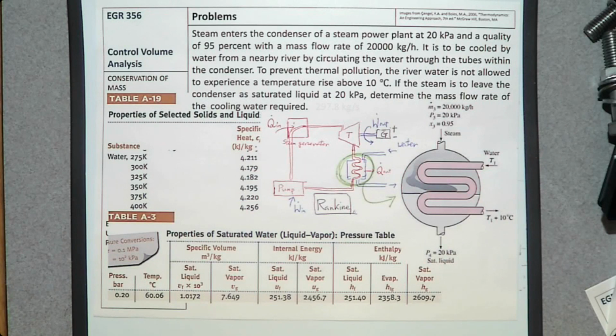However, we do not want to mix this steam and the cooling water. That's why we use this heat exchanger, so the water does not mix with the steam. Many traditional power plants use water as a coolant.